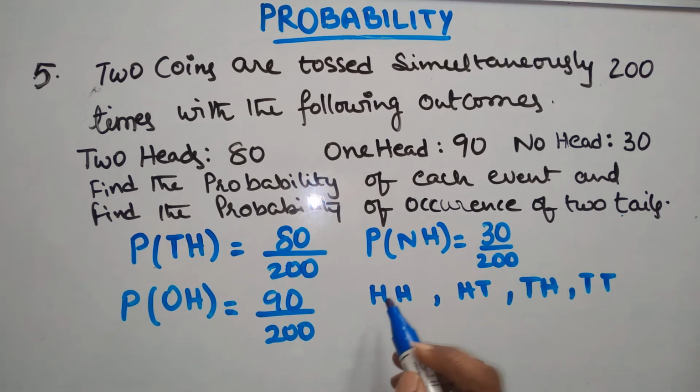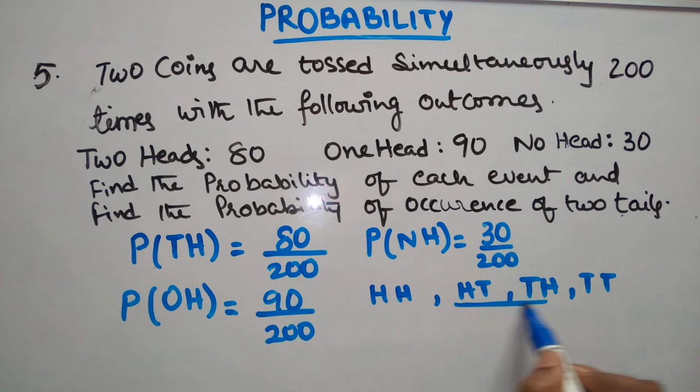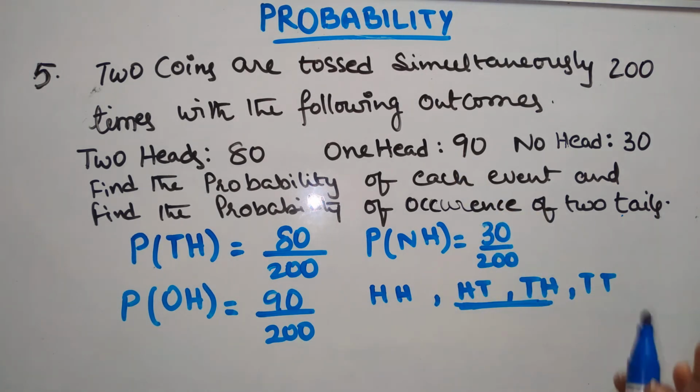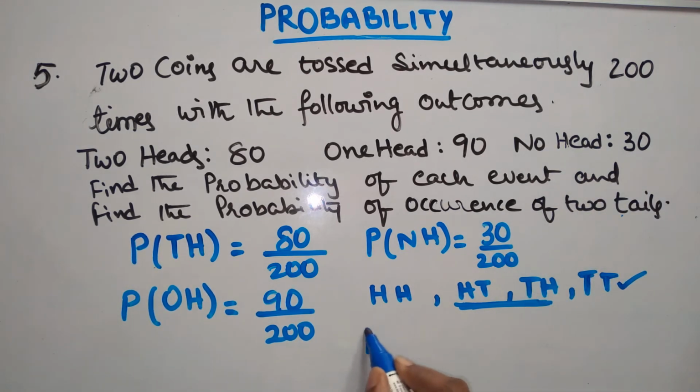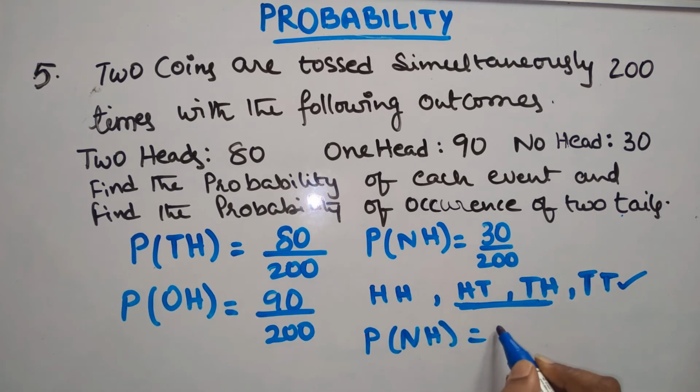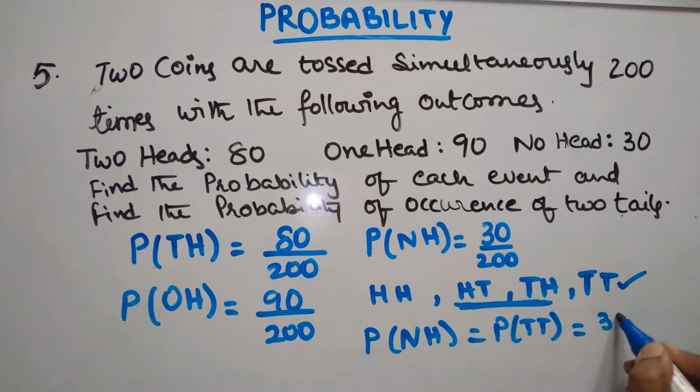So 2 heads 80 times is over. 1 head means totally this part, 90 times, over. No head means both are tails. That means this case of 2 tails is nothing but the case of no head. So P of no head is equal to P of tail tail, which is equal to 30 by 200 only.